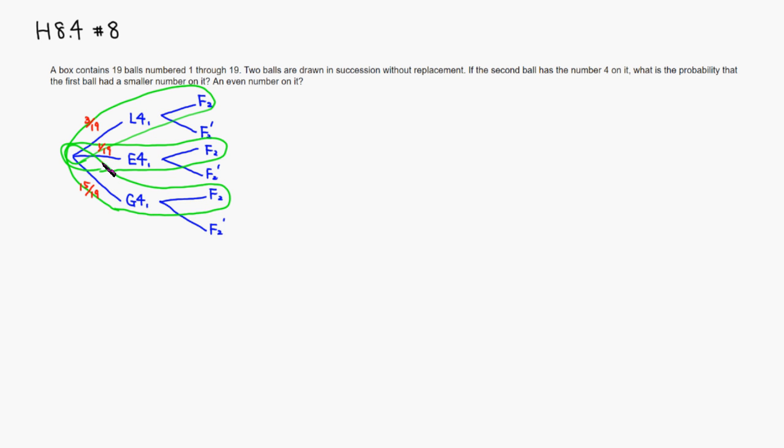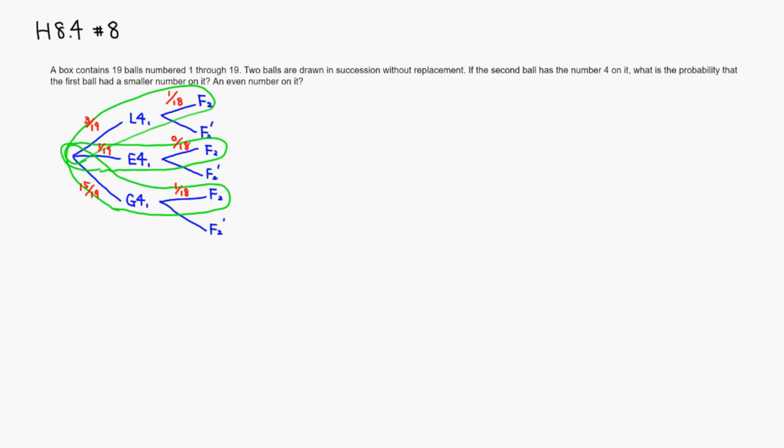Getting a 4 after a less than 4 would be 1 out of 18, since there's only one 4. If the first one happened to be 4, then you can never get it, so it's 0 out of 18. And if you get a larger than 4, we still have 1 out of 18.